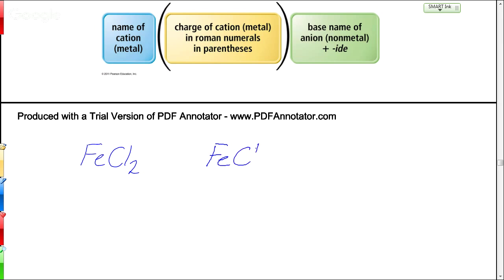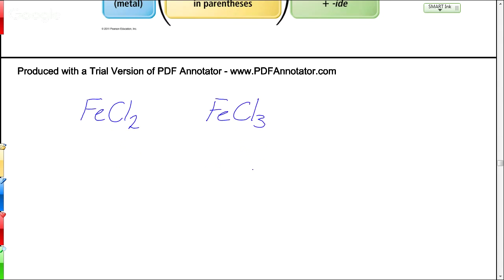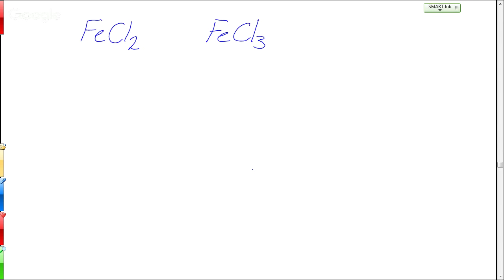FeCl2 versus FeCl3. We're going to call them both iron chloride. But we're going to add a number in parentheses to say the charge of the ion.